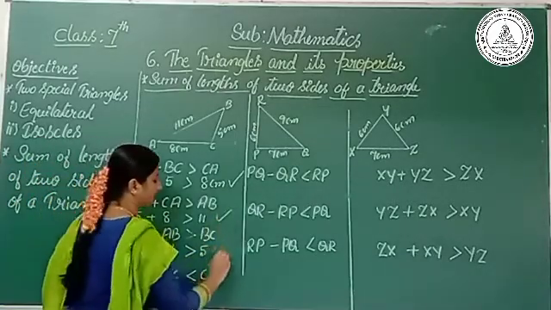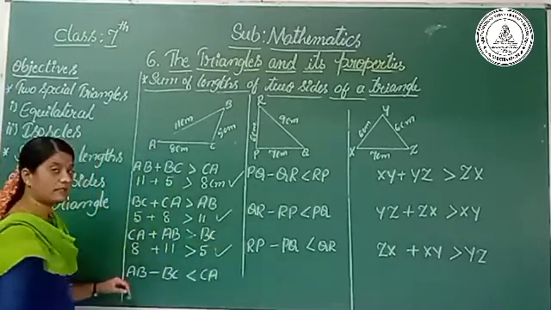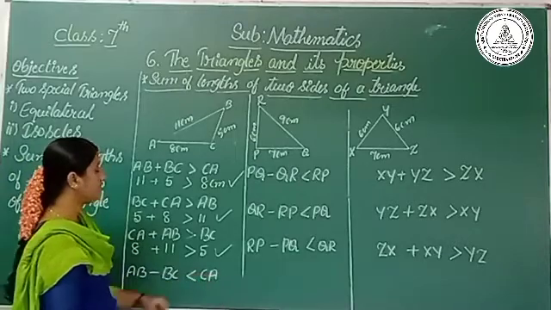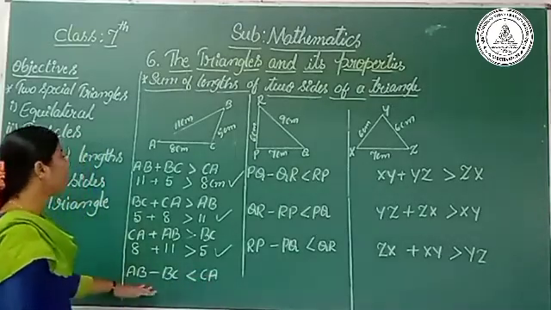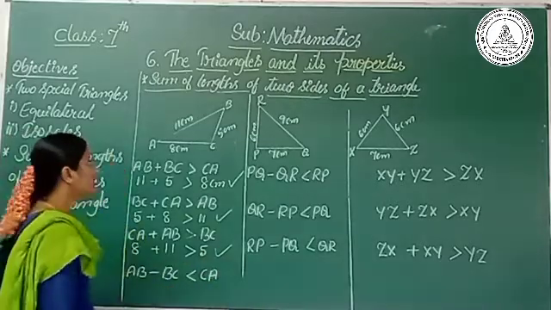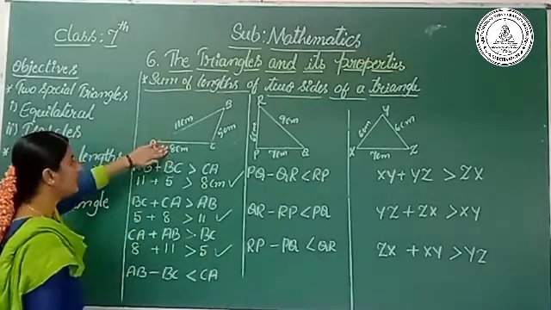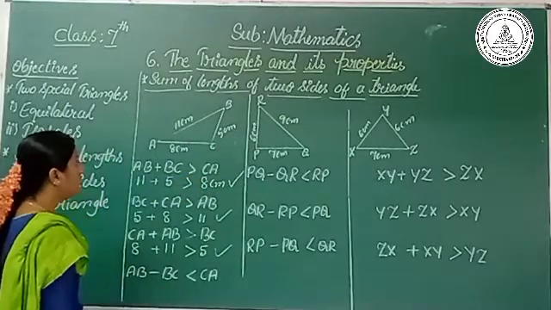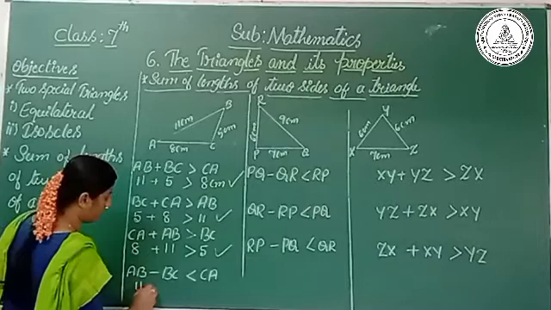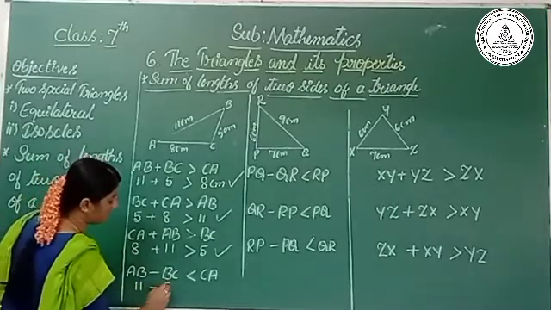So yes. And also you may see here AB minus BC is less than CA. If we subtract the lengths of two sides of a triangle, the difference is less than the third side. So take the first side, second side and the third side. Here AB is equal to 11 cm minus BC measures 5 cm.